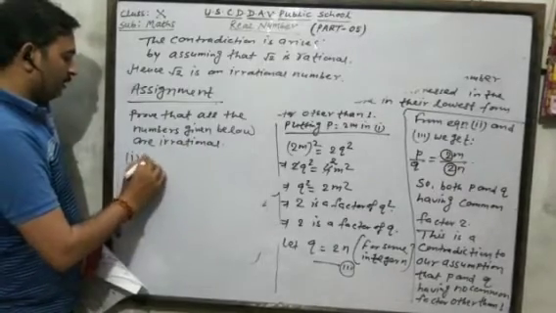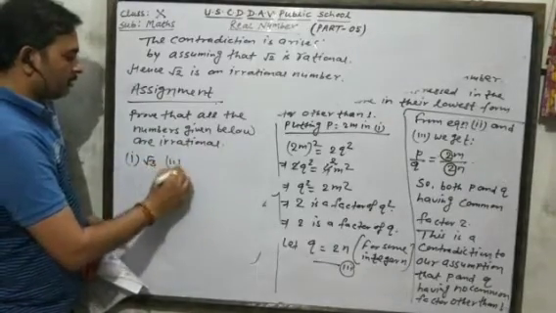The first one is root 3, second one is root 5.